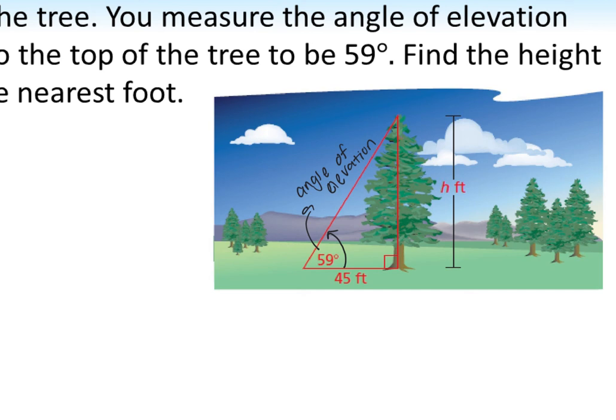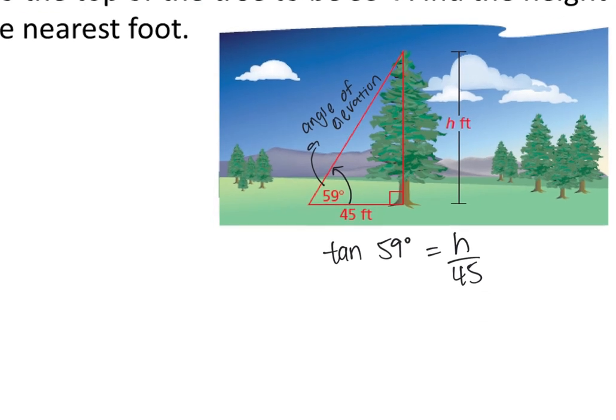Savannah: You're gonna do the tangent of 59 equals h over 45, and then I put tangent 59 over 1, and then I did cross multiply, and then you just solve h equals tangent 59 times 45, which will give you h equals 74.9.